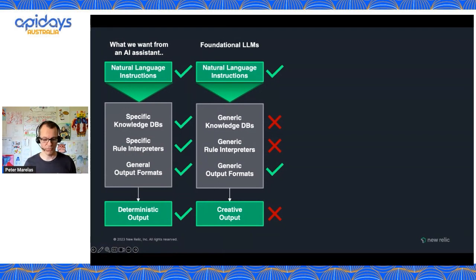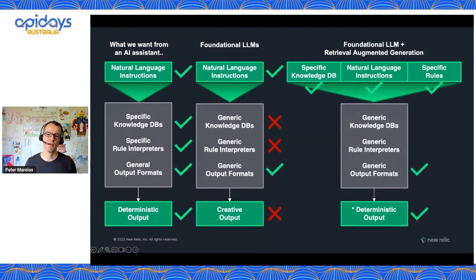And so what do we do about it? In practice, we have to supplement the foundational models with the information that it's actually missing, right? We need to give the models access to specific knowledge databases about your organization, about your processes, about your customers, about your data. We also need to give it access to specific rules, so that it doesn't get confused with the general rules that it understands.